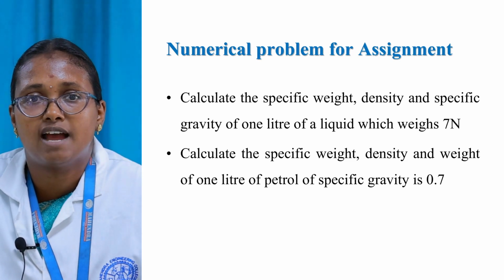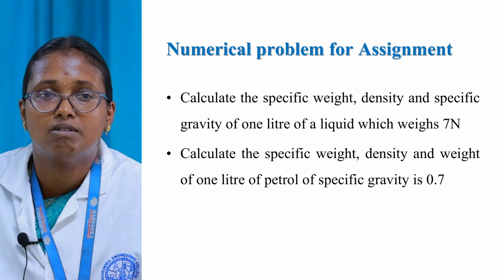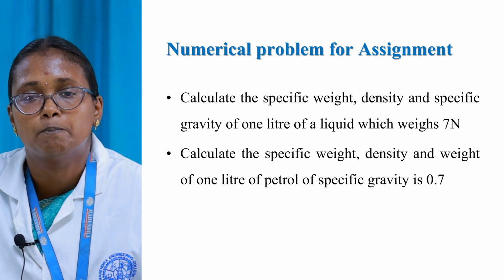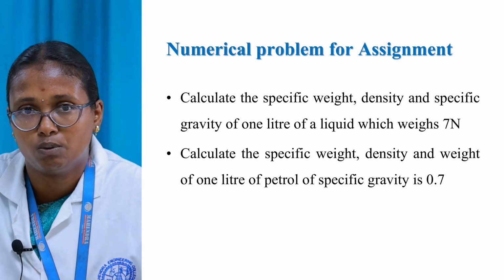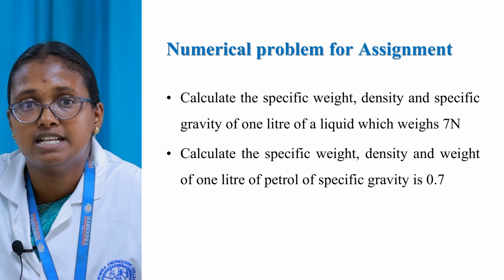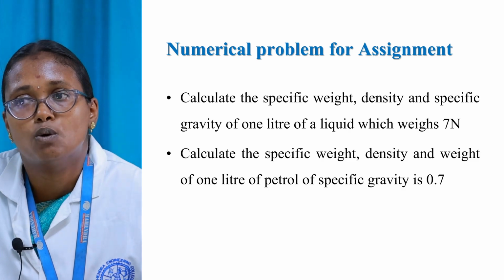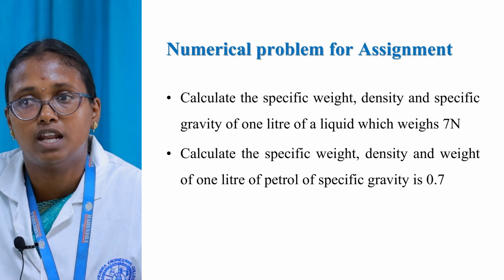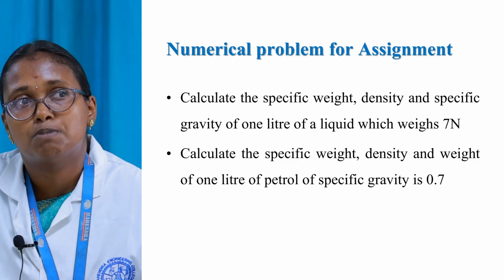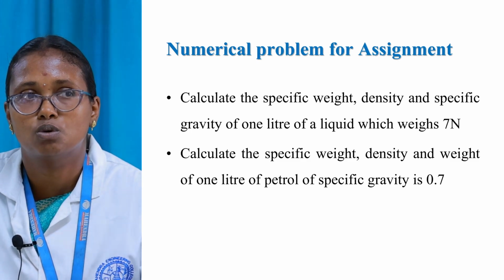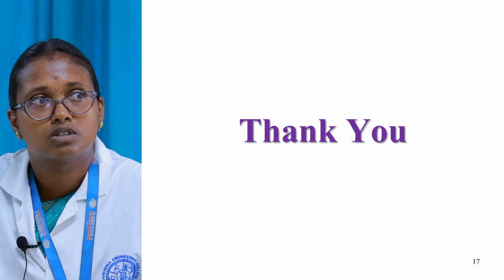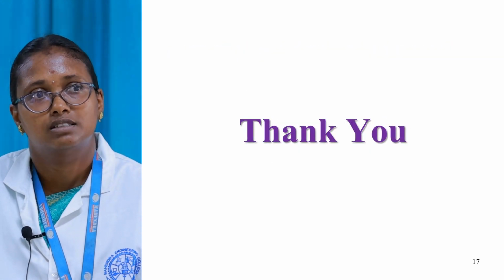Specific gravity is equal to the weight density of the given liquid divided by the weight density of the standard liquid. The constant value for density of fluid is 1000 kilogram per meter cube. By using this value, we can find the specific gravity, and by using that specific gravity, we will find the density. This is the assignment for today's class. Thank you.